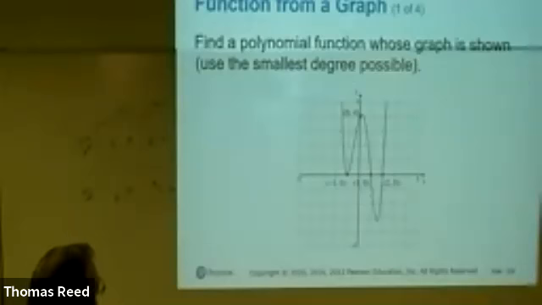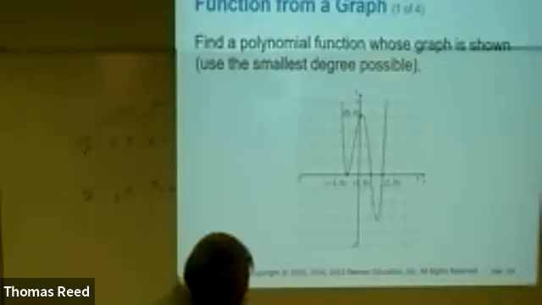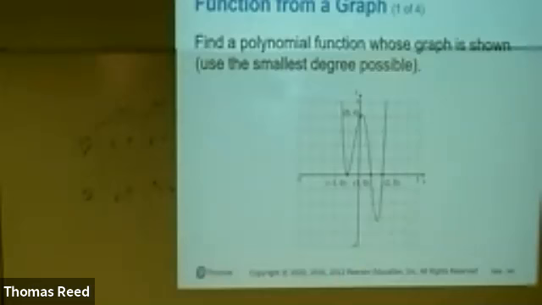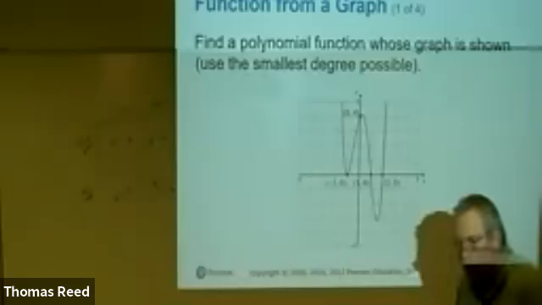Find a polynomial whose graph is shown. Use the smallest degree possible. All right, we have those 4 statements that are always true.